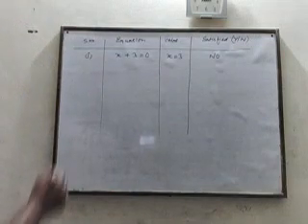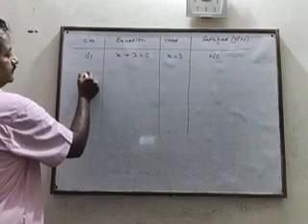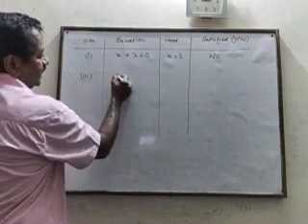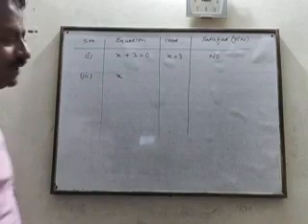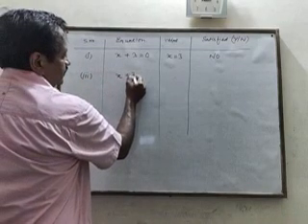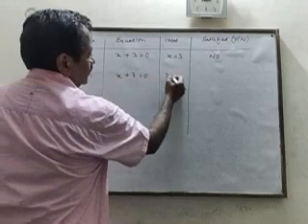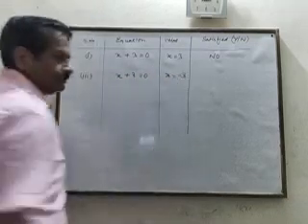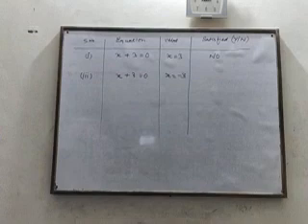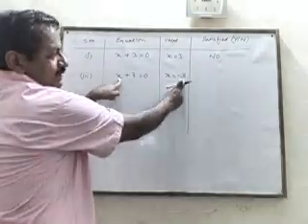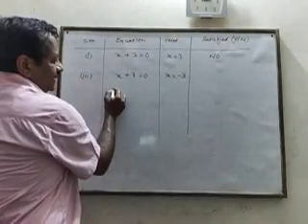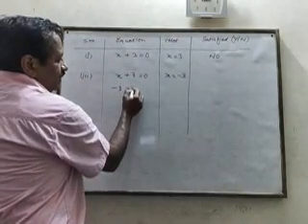Whereas in case of the third part, x plus 3 equal to 0 and x equal to minus 3. So in the third case you can see that if I put minus 3 in place of x, it will become minus 3 plus 3.